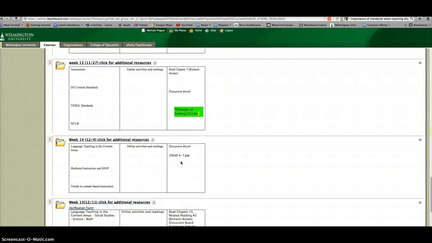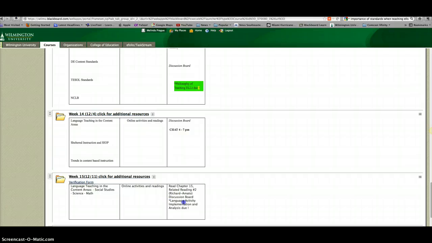Put our chat on your calendar for the 4th of December, and then I can answer any questions that you may have on your final assignment, which is the language activity implementation and analysis, which is due the following week. Please know I need that assignment on time. There can be no extensions and certainly no incompletes.